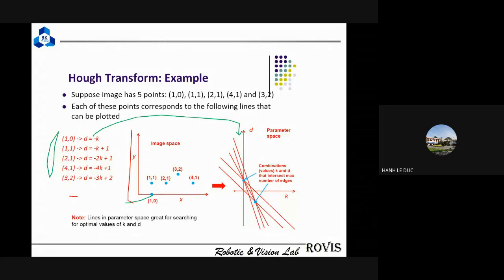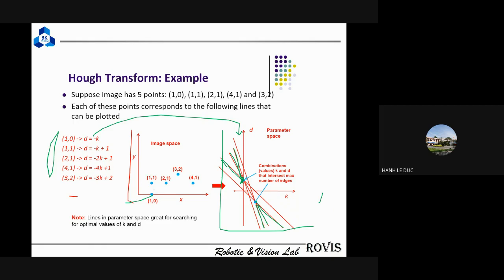We have 3 lines connecting here, and also another 3 lines connecting here. 3 lines intersect here. So that means in the original space we will have a line going through 3 points, because in this graph we have 3 lines intersecting.